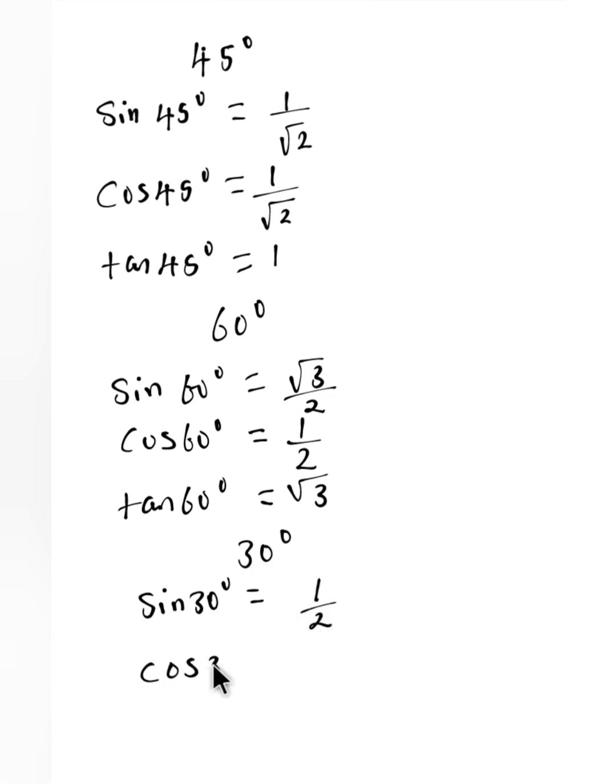Cos 30 degrees is equal to root 3 over 2. And tan 30 is equal to 1 over root 3. So these are the special angles. We'll move on to solve just one example.